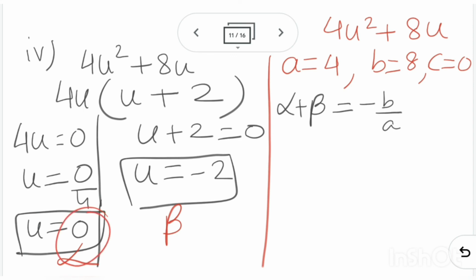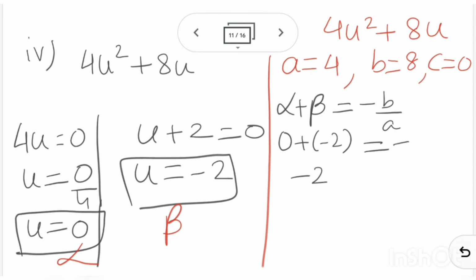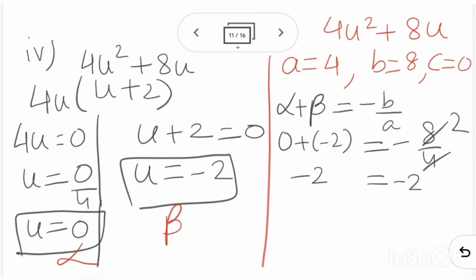This is alpha, this is beta. If we add 0 and minus 2, we will get minus 2. And this equals minus b, which is 8, upon a, which is 4. So minus 8 upon 4, on solving, we get minus 2. So we have been able to verify it.